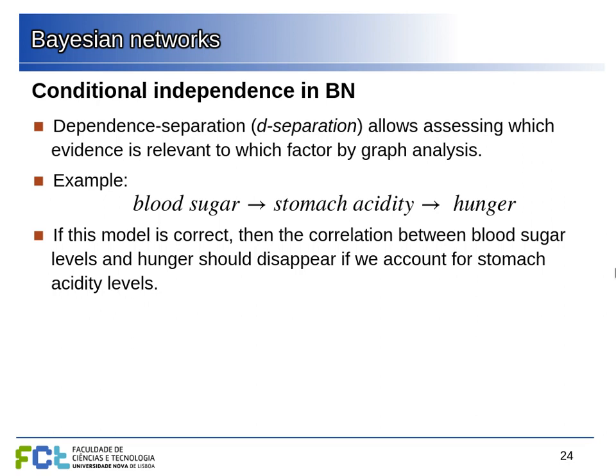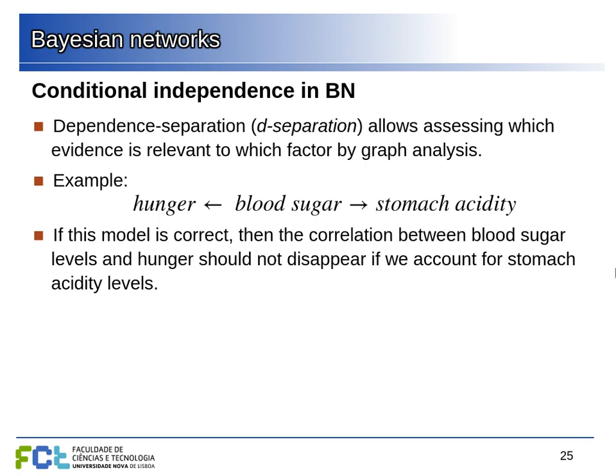So if this is our model about what happens in the body when we feel hungry, then if the model is correct, and we observe the acidity in the stomach and account for that, these two variables, blood sugar and hunger, will now become independent. As long as we account for the acidity in the stomach, they no longer have any relation to one another. On the other hand, suppose that blood sugar is what causes both acidity in the stomach and hunger.